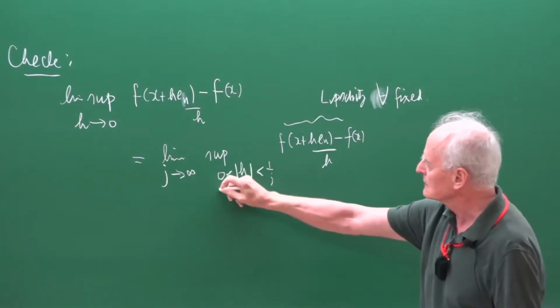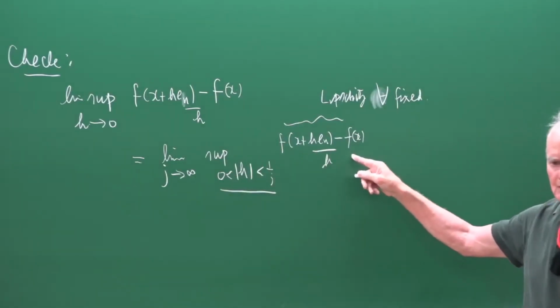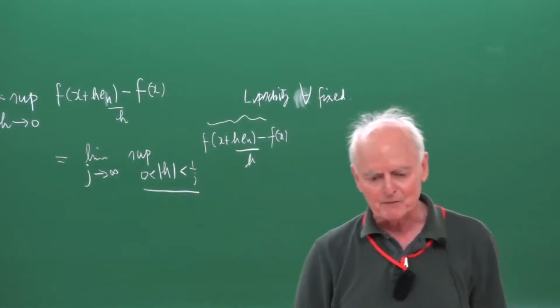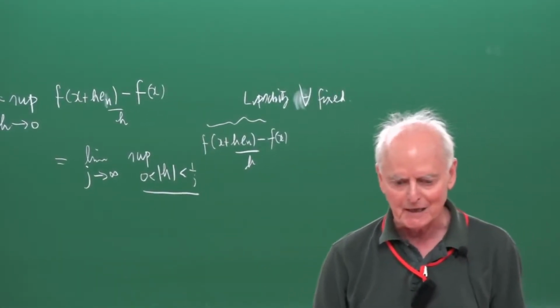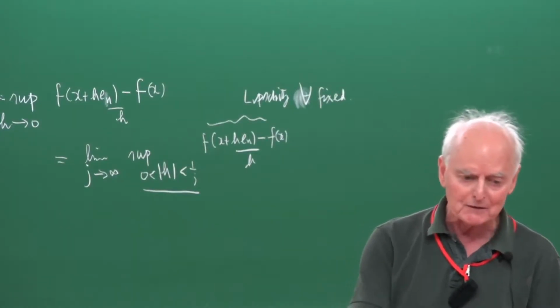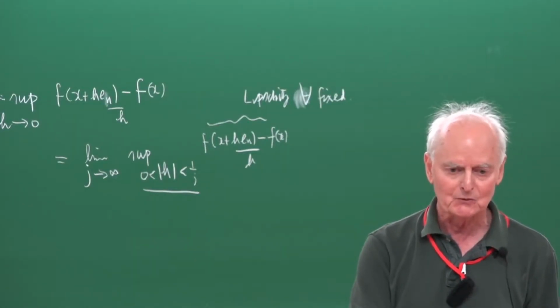So here we're taking the sup over a family of continuous functions. I don't know if you've seen this fact before. It's just one line to check it, actually. But the sup of a family of continuous functions is always lower semi-continuous.